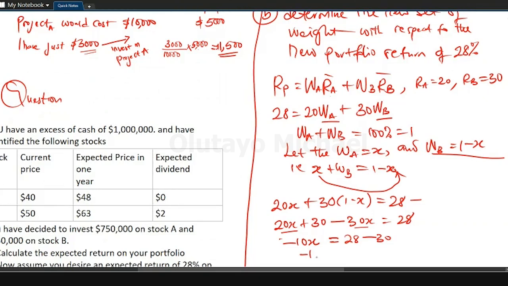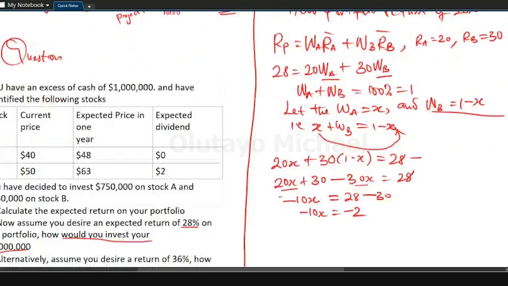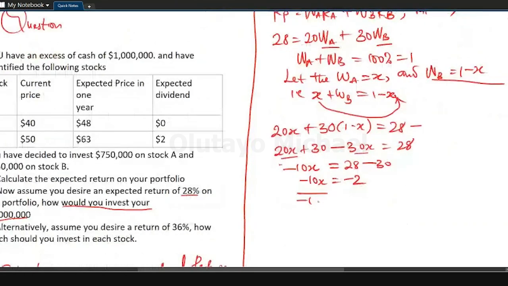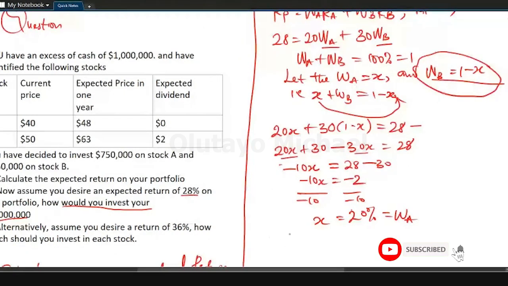So minus 10X equals minus 2, and we divide this by minus 10. X equals 20%, which is the weight of A. So the weight of B will be 1 minus 0.2, which gives 80%.